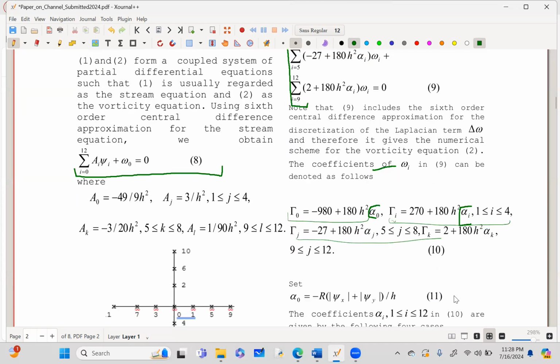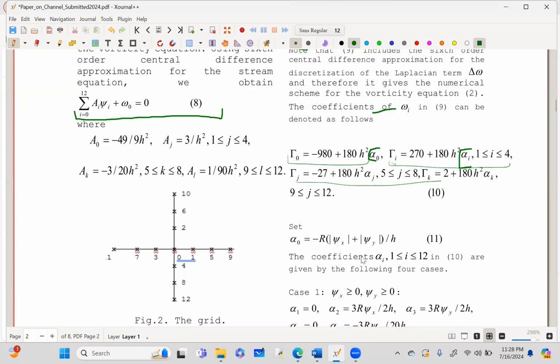And we list them as follows. So alpha 0 is given by 11, which shows that this actually is a negative quantity. The significance of alpha 0 being negative will be discussed very soon.